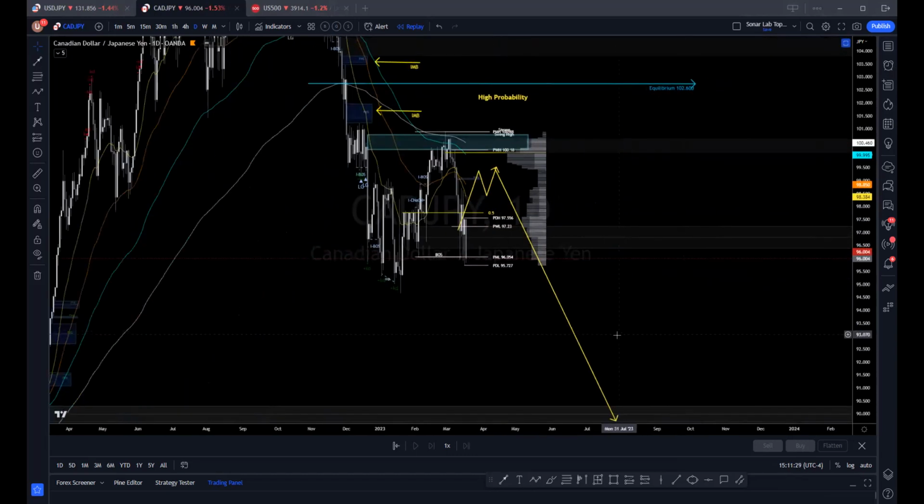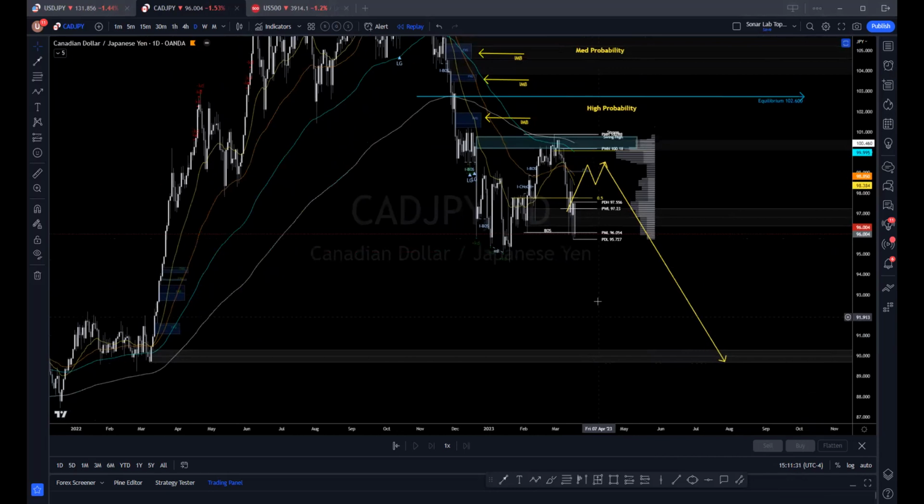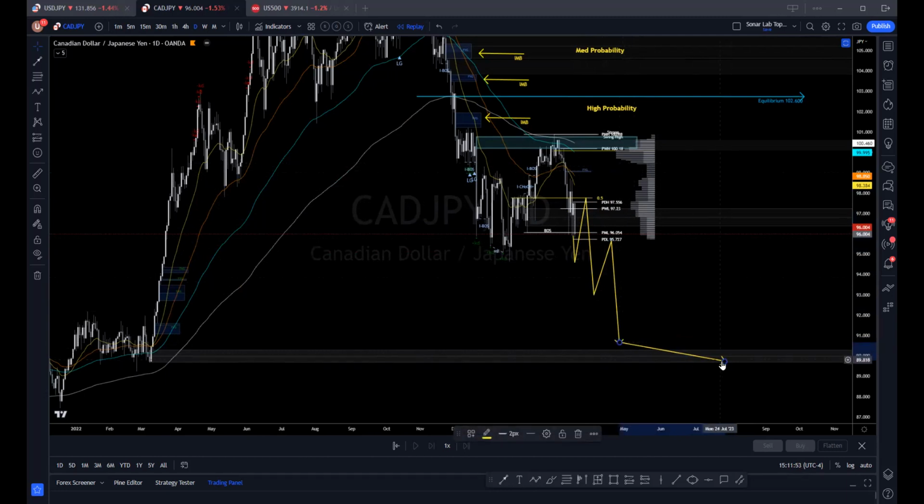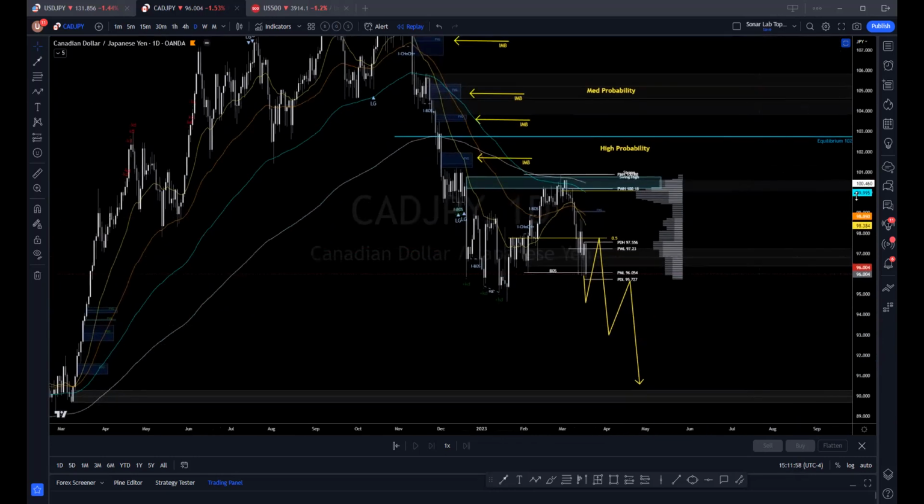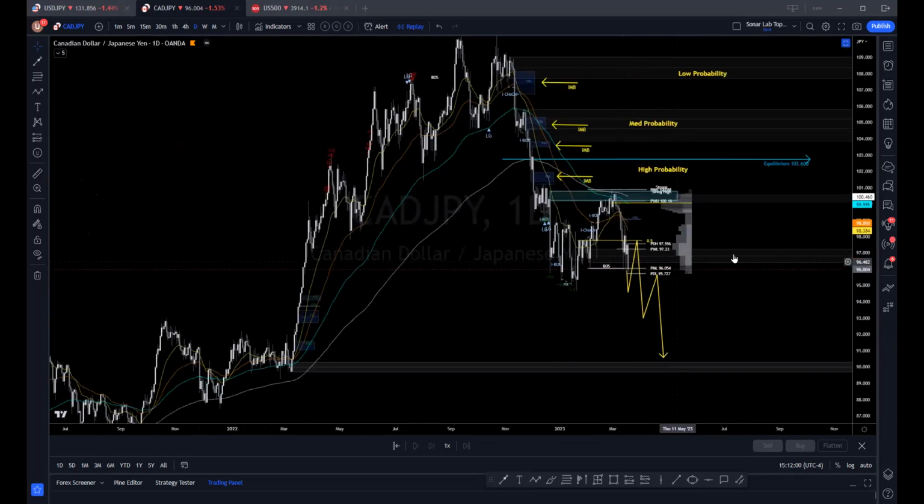Nice move on CAD Yen. We're there. I'm expecting a little bit more bearishness, right there. Then I would expect to see that. You see it right there.